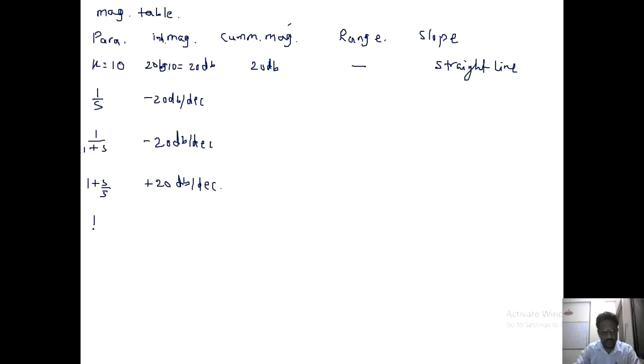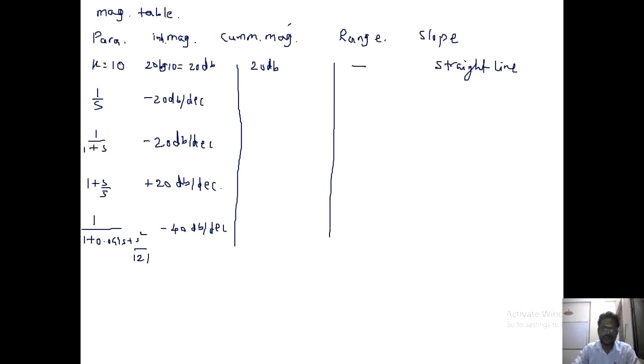And lastly, the quadratic pole, so 1 by 1 plus 0.041 s plus s square by 121, and it has a magnitude. If it is a pole, the magnitude is minus, and quadratic, that's why 40 decibel per decade. Okay, now the cumulative magnitude: the first term we write down as it is, minus 20 dB per decade, and add in this fashion.